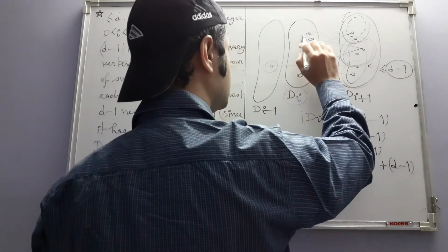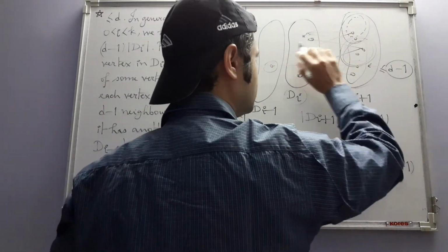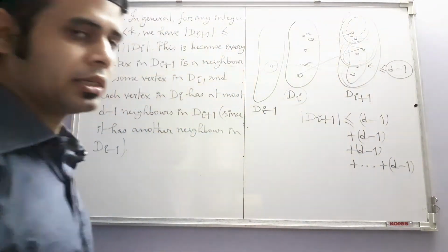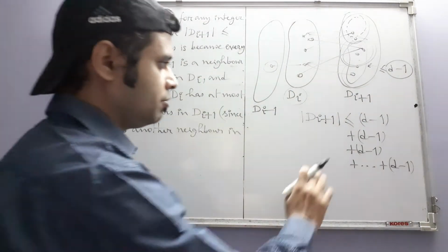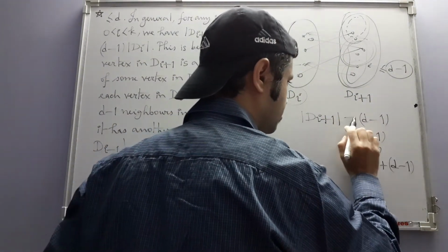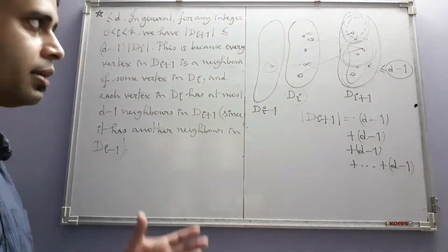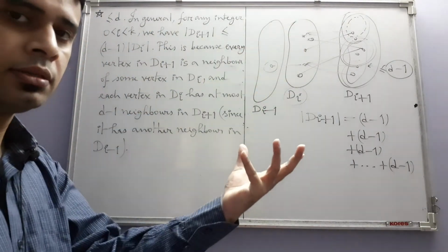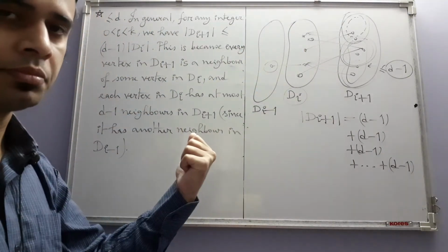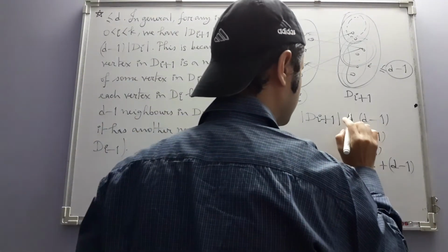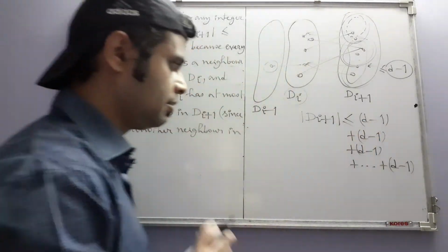Only when these vertices have distinct neighbors in Di plus 1 do we have equality. Otherwise the number is smaller than this sum, smaller or equal to in general.